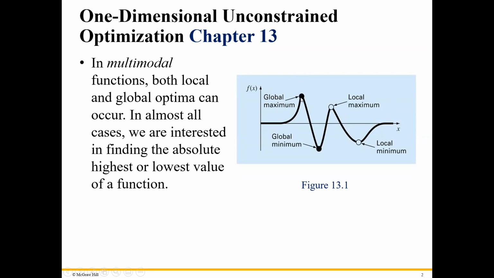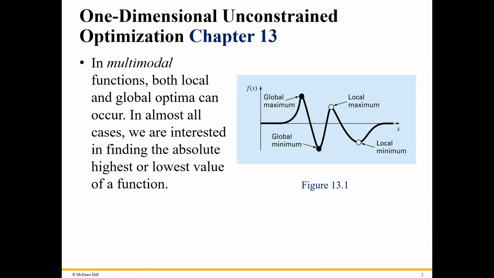This point is the global maximum. That means there is no other point within the domain of this function that is higher in value than this point. And similarly, this is the global minimum point.